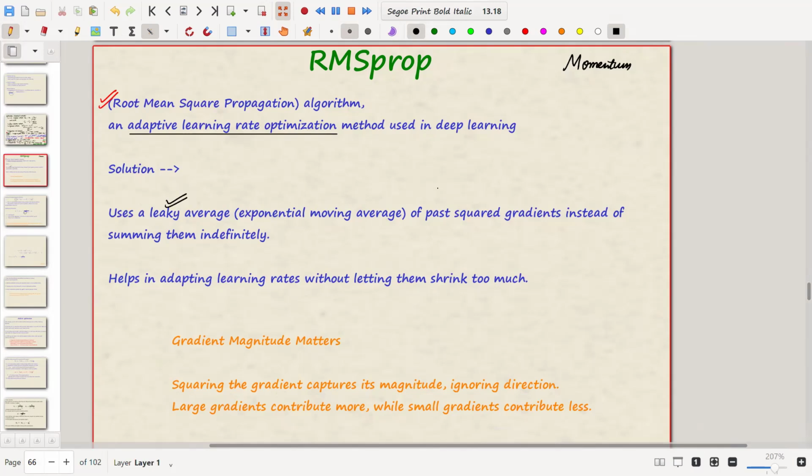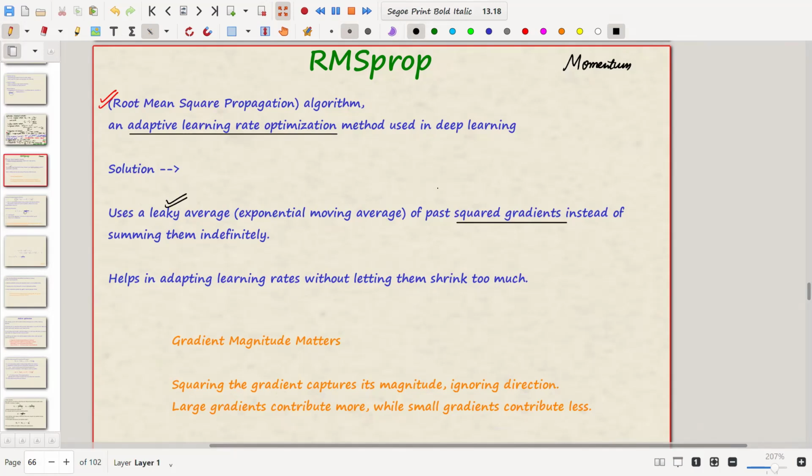Fine. So we are using the squared gradients. And what is moving average? Moving average is nothing but giving more importance to the current value, and giving very little weight to the past values.